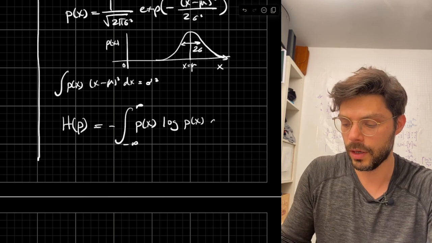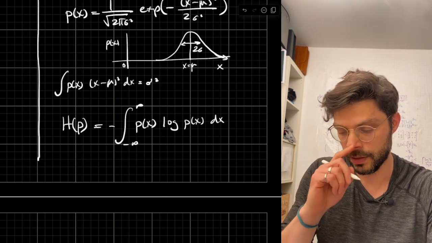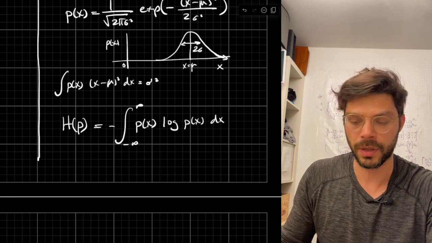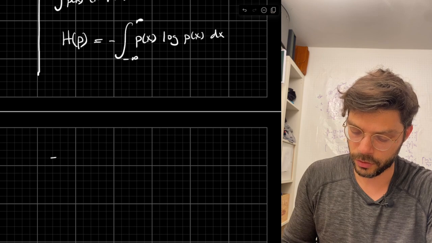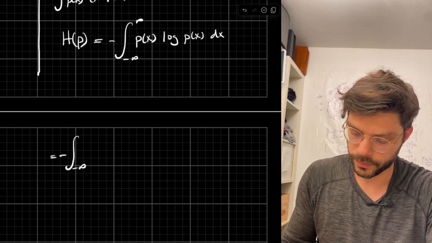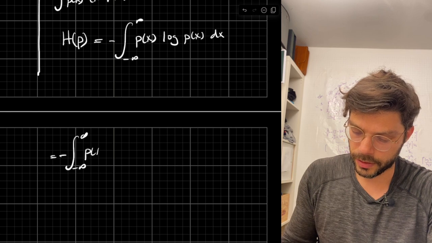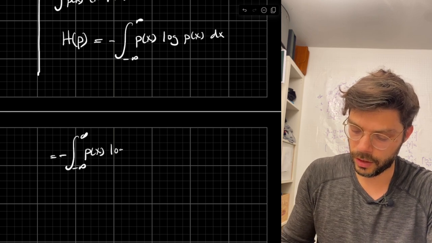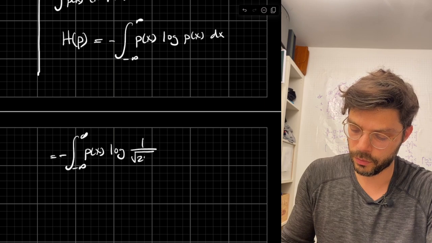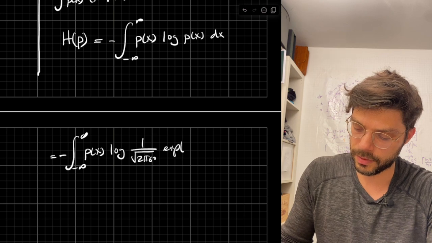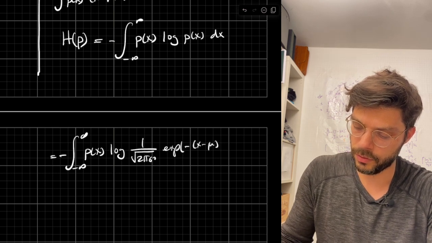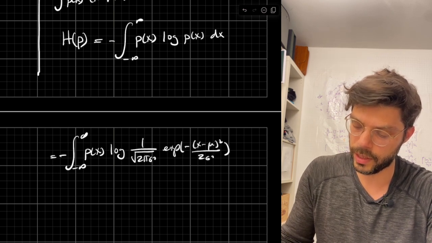And just like before, I'm going to keep this p of x around and expand the log p of x first, because that'll make our life easier. So it's going to equal minus the integral of p of x times log of 1 over root 2 pi sigma squared, exp minus x minus mu squared over 2 sigma squared dx.